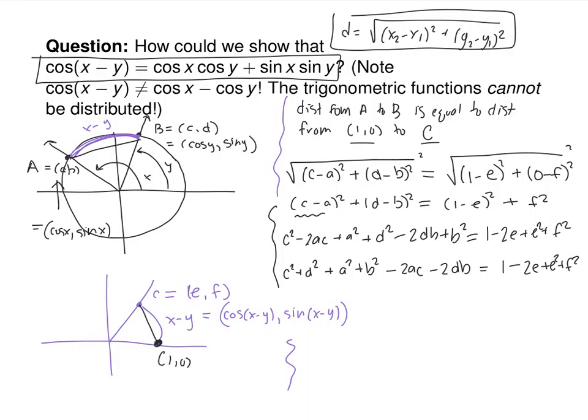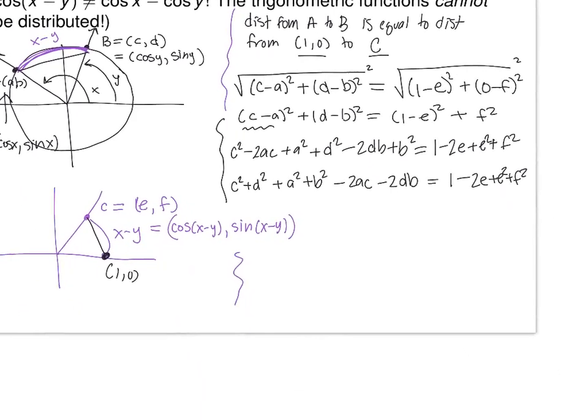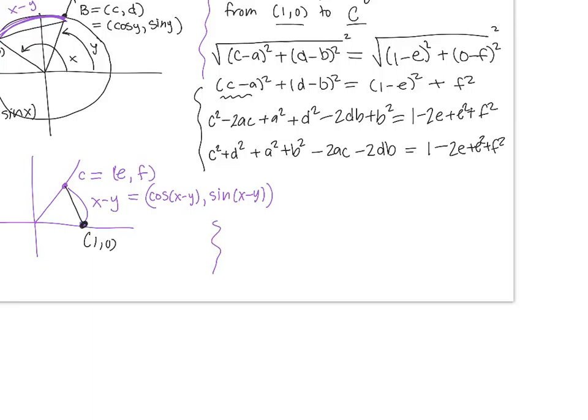Okay. So here is why that's helpful. Remember that the C's and the D's and the E's and the F's were actually sines and cosines. So this part right here, C squared plus D squared, that's cosine squared plus sine squared. Does that make sense? So what's that going to equal? That's going to equal 1.